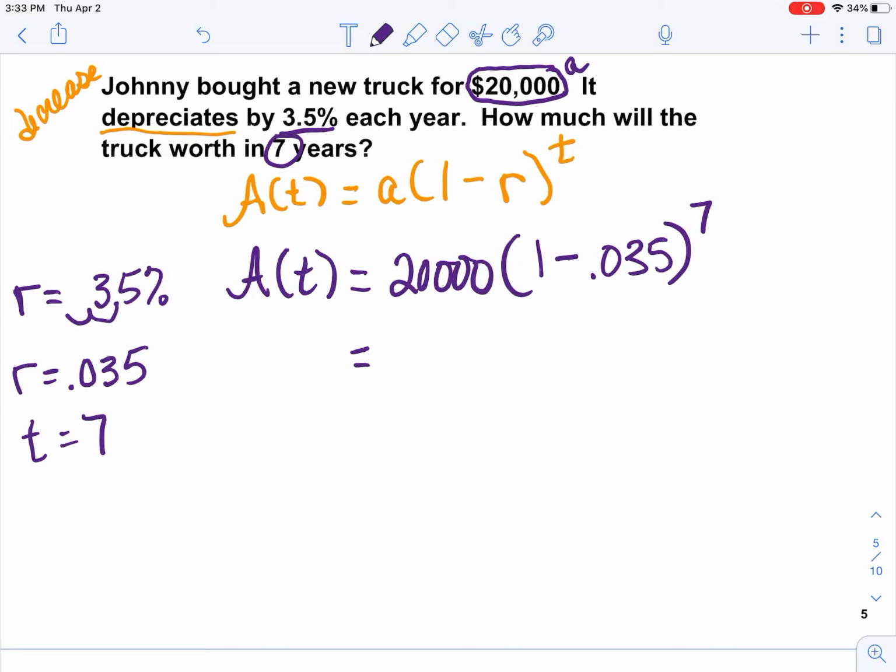And we get 15,585.52. So just in 7 years, his car went down in cost, how much it's worth.